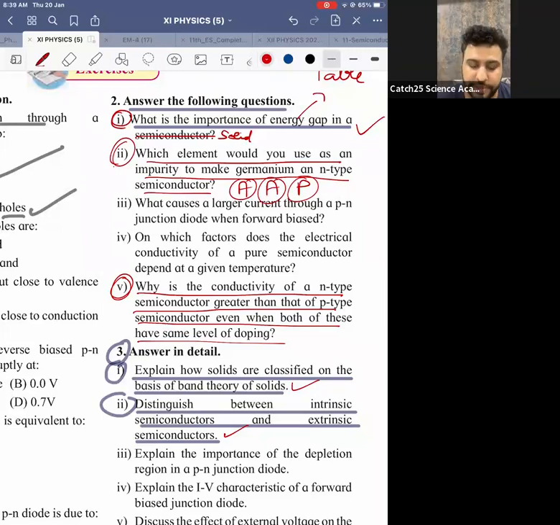Write down the question and write down the answer. Why is the conductivity of N-type semiconductor greater than the P-type semiconductor even when both have the same level of doping? The answer is because mobility of electrons is more.